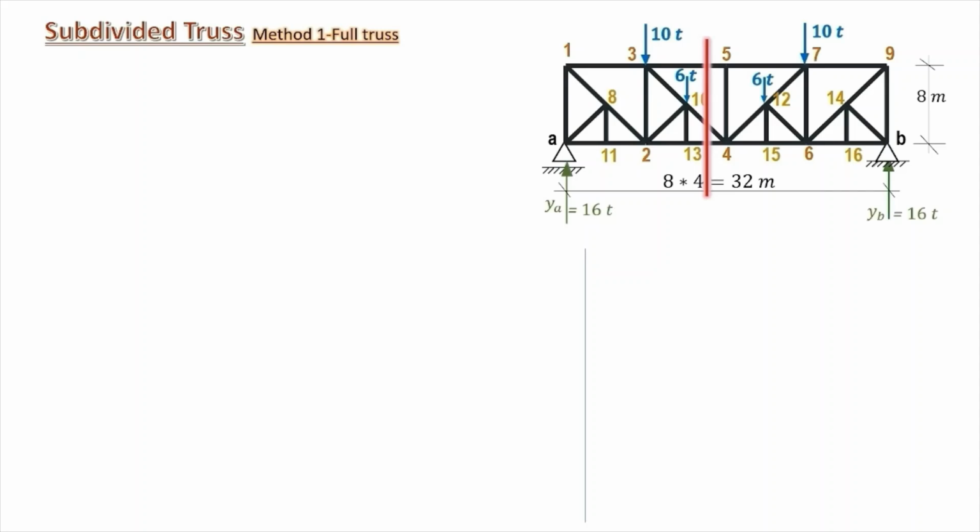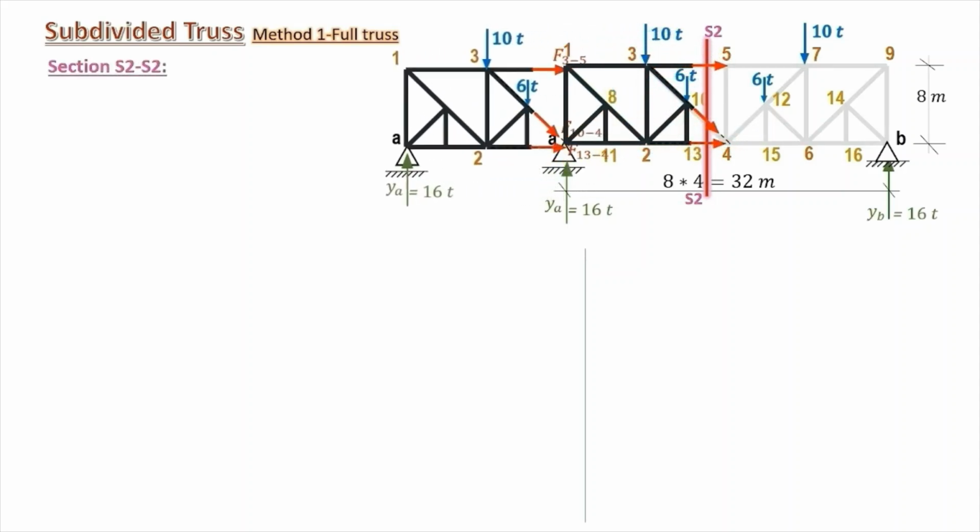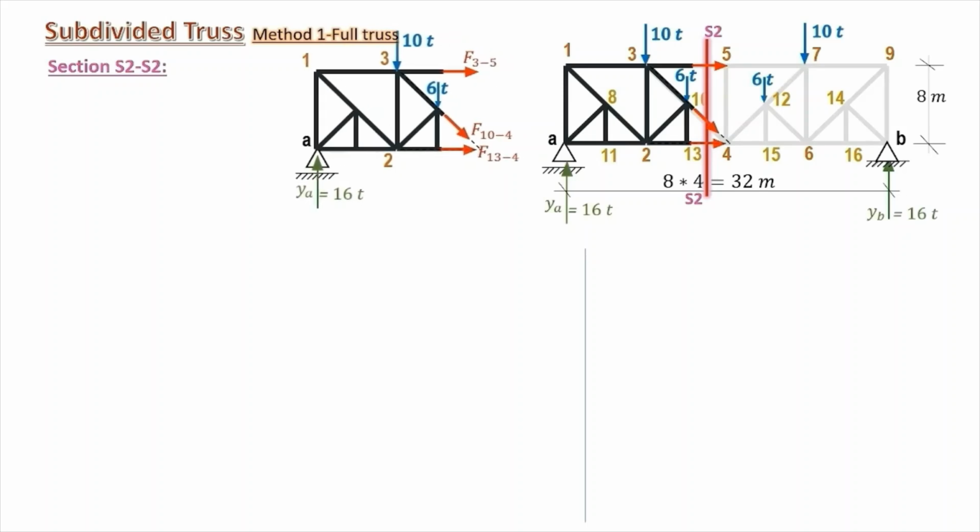Proceeding with our internal forces, we take another section, S2, and we extract the left part here to get ready with our equilibrium equations. We analyze the force in 10.4 to its vertical and horizontal components, and we have all our inclined angles, 45 degrees.